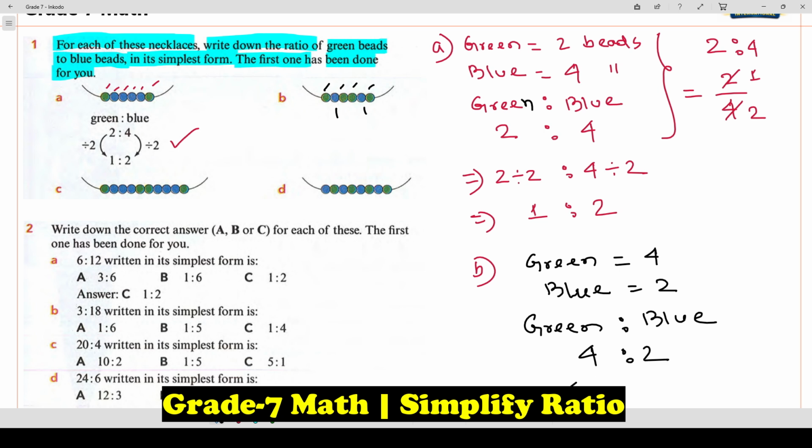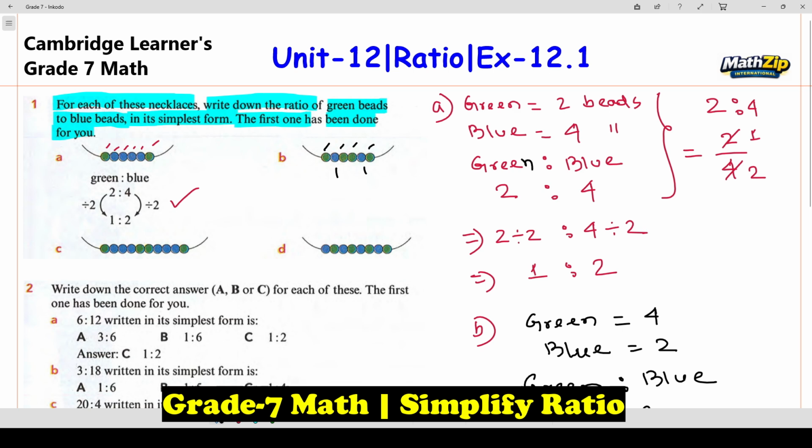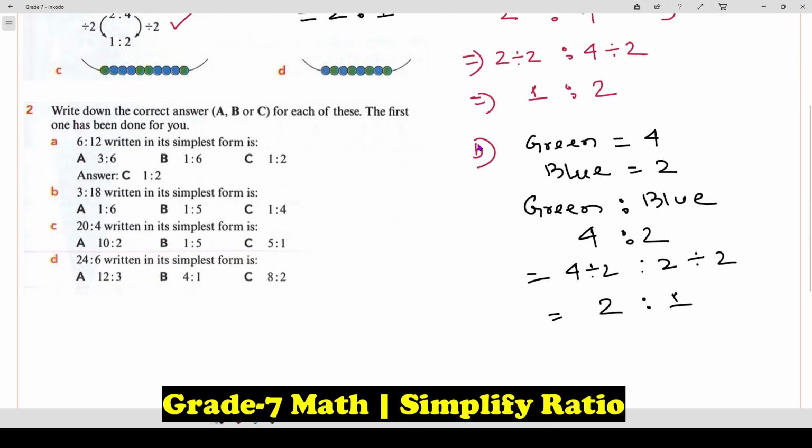We can divide this 4 by 2, same this 2 divide 2. So what will be the answer? 4 divide 2 equals 2 is to 2 divide 2 equals 1. Very simple. So this one is 2 is to 1.